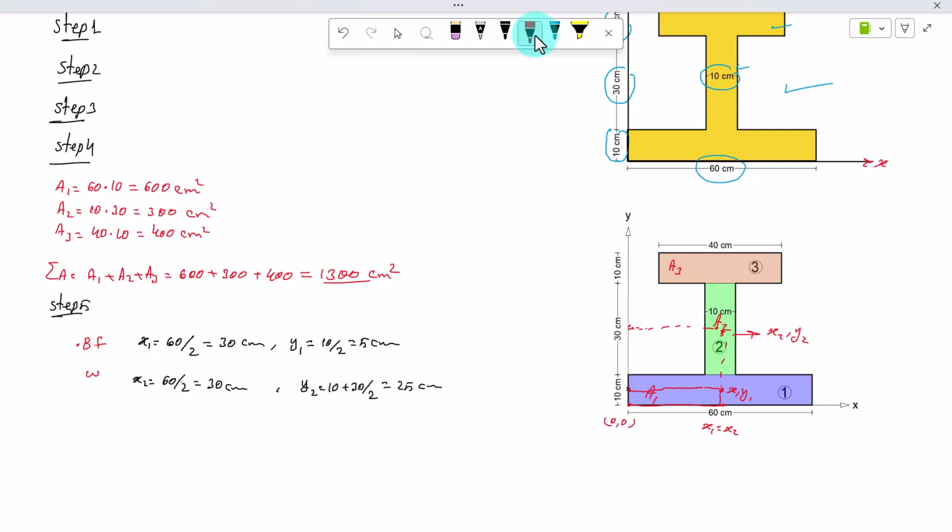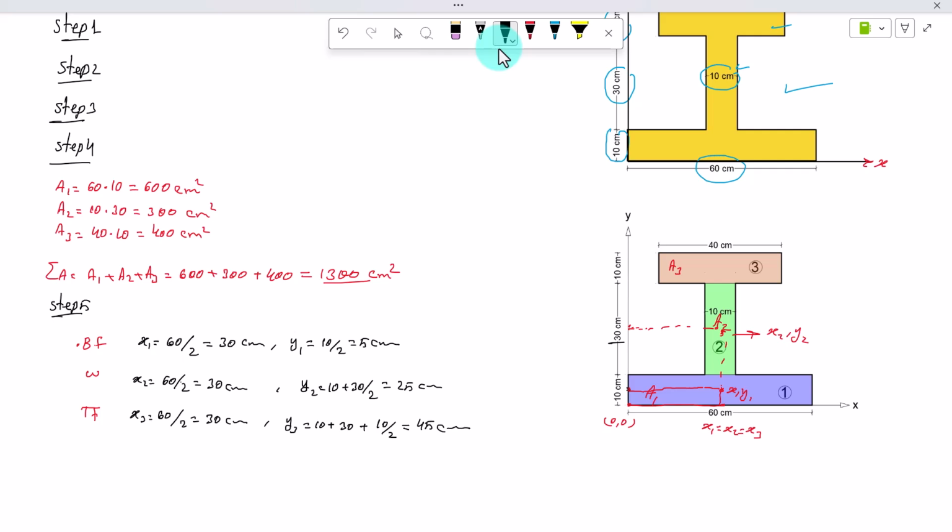Now we can write for top flange. x3 equals 60 divided by 2, and also it's 30 centimeters. So x1, x2, and x3 are equal. Now we can write for y3. y3 equals 10 plus 30 plus 10 divided by 2 equals 45 centimeters.